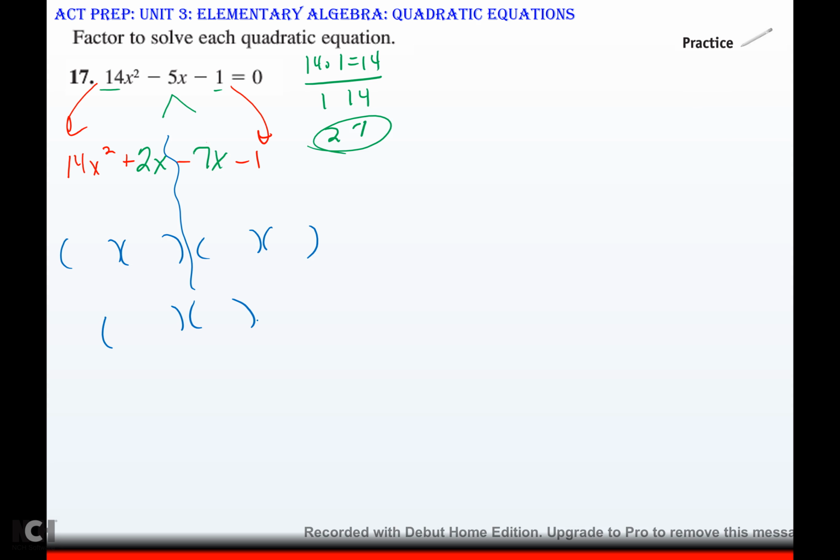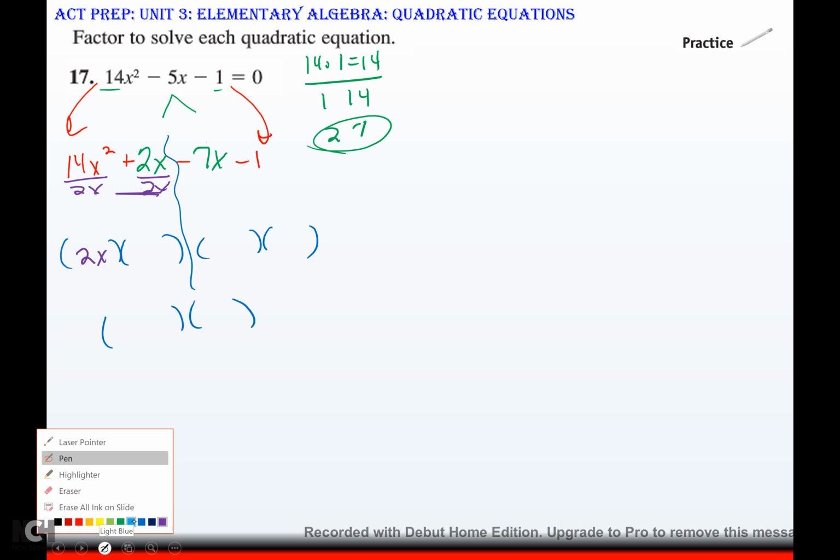Alright, on this side, it looks like my GCF is going to be 2x. Divide to get what's left. 14x squared divided by 2x would be positive 7x. Positive 2x divided by positive 2x would be positive 1.